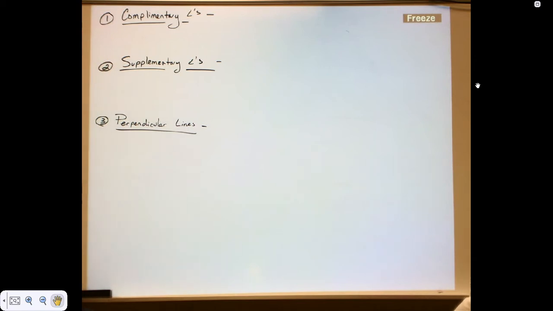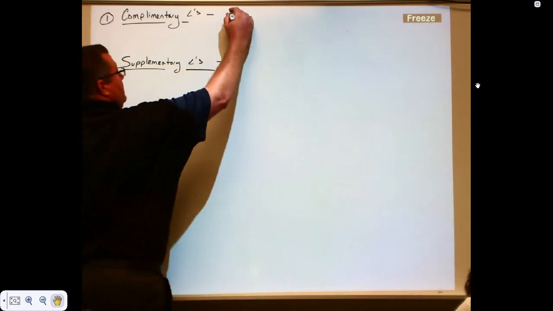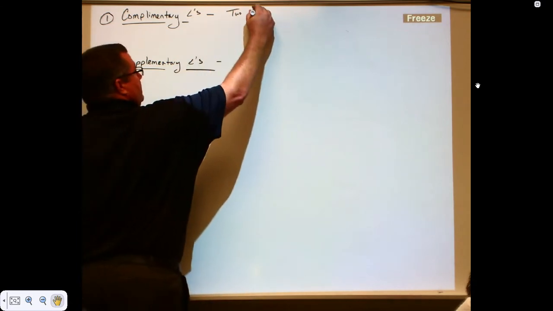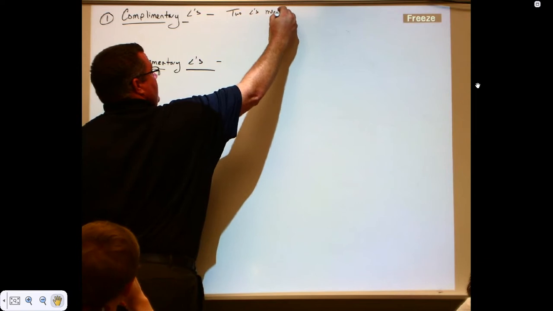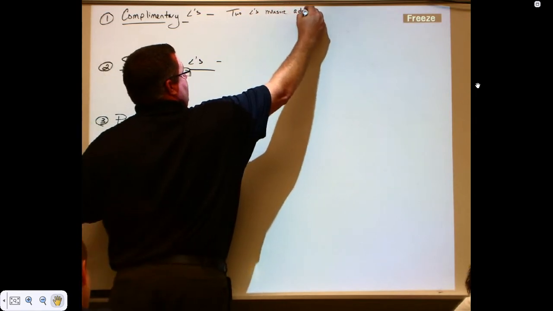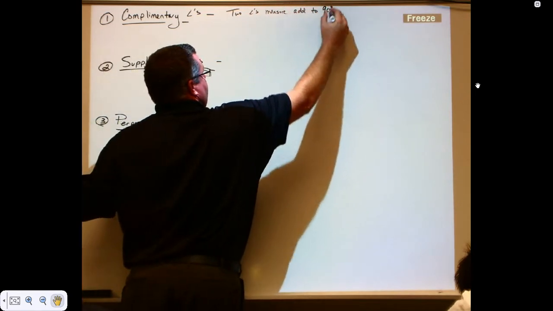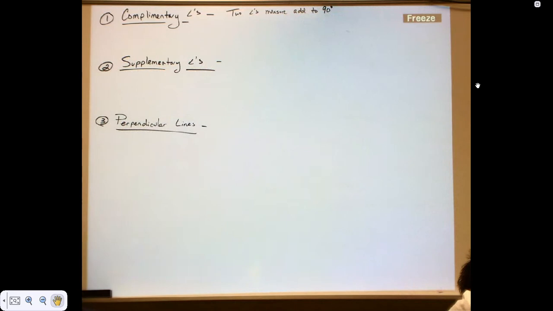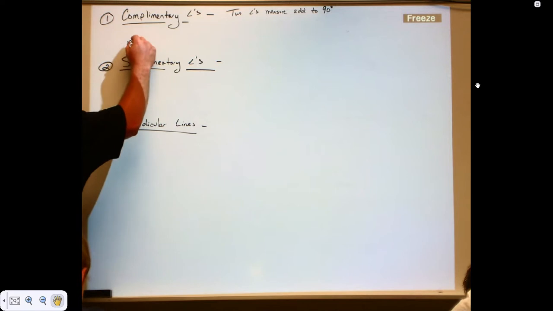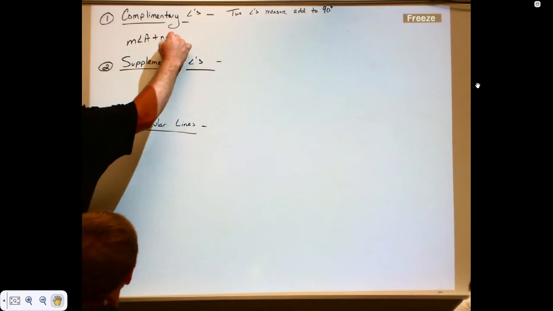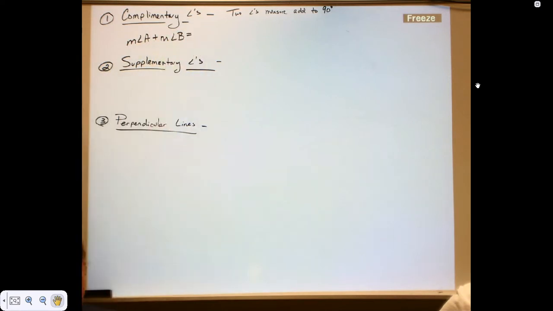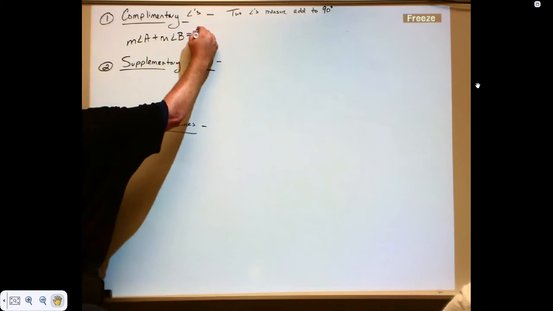The only thing that makes something a complementary angle is when two angles' measures add to 90 degrees. Doesn't matter if one's sitting over here or one's sitting over there. So the measure of angle A plus the measure of angle B, if they're complementary, what does it have to equal? 90 degrees. Exactly right.